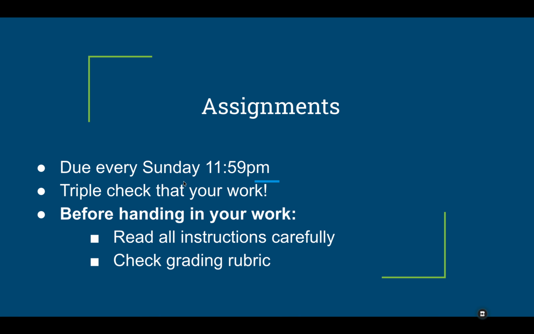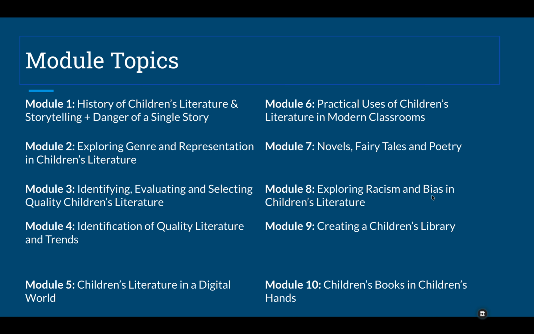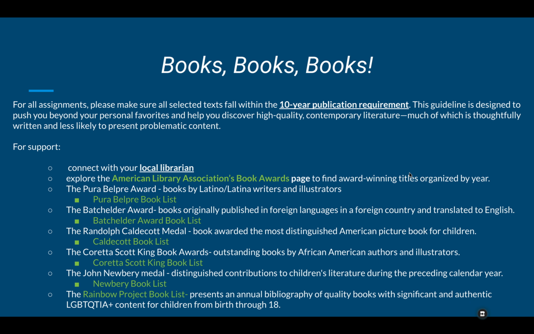For the assignments, they're due every Sunday at 11:59. Make sure you triple check your work before handing it in, as well as read instructions and check the grading rubrics. These are all of our module topics each week. This announcement is available.